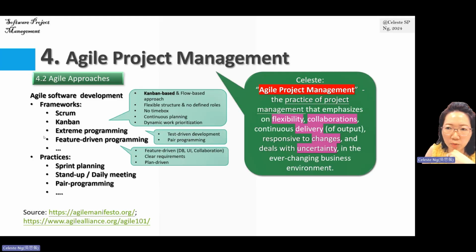And lastly, the fourth type of Agile framework is called feature-driven programming.